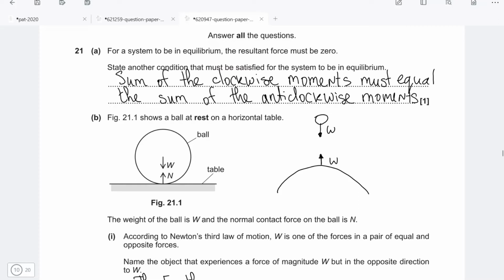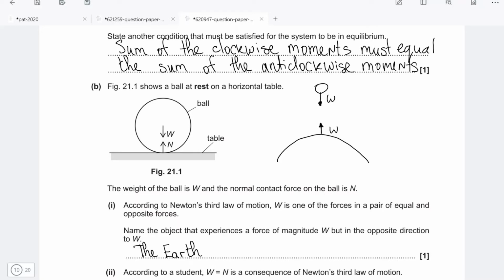So those two arrows are of the same size. However, because the Earth is so much more massive, it will hardly be affected by this force. So when the ball is falling towards the Earth, in a way the Earth is also moving towards the ball. However, if we were to calculate the acceleration of the Earth, it is absolutely unmeasurable.